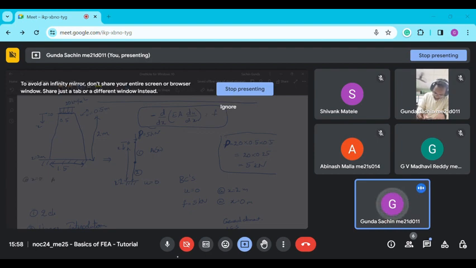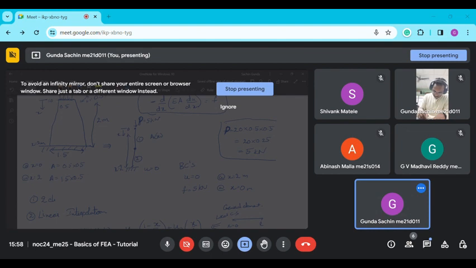A at x equals 0 is 0.5 times width 0.5. At x equals 2, A is 1.5 times 0.5, and it is varying linearly.